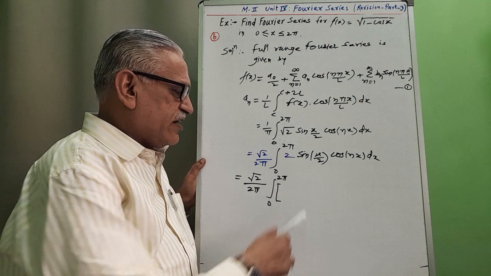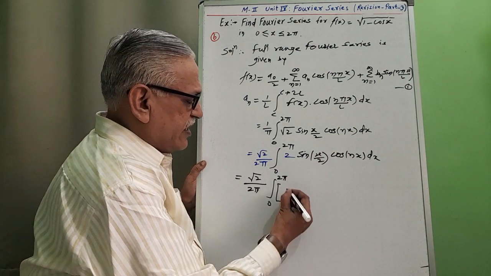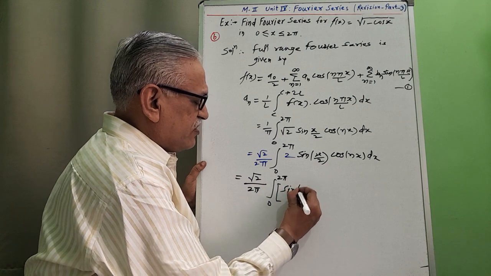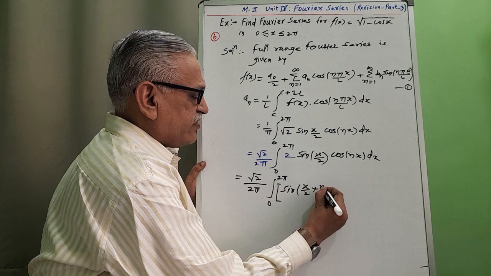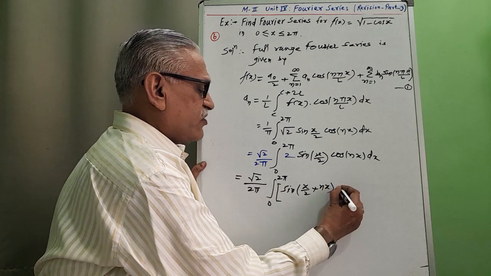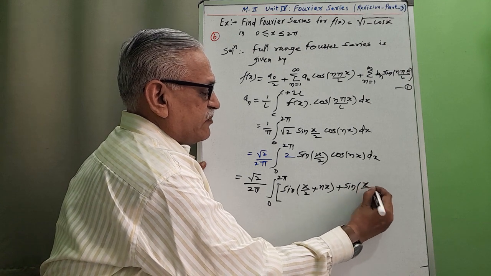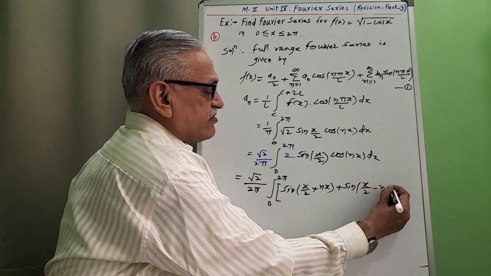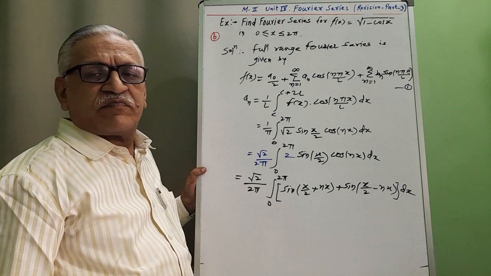We know the standard result, 2 sin a cos b is sin a plus b plus sin a minus b. As per that, it becomes sine of a, here x by 2, b is nx, so sine of x by 2 plus nx, plus sine of a minus b, sine of x by 2 minus nx, and then its integration with respect to x.